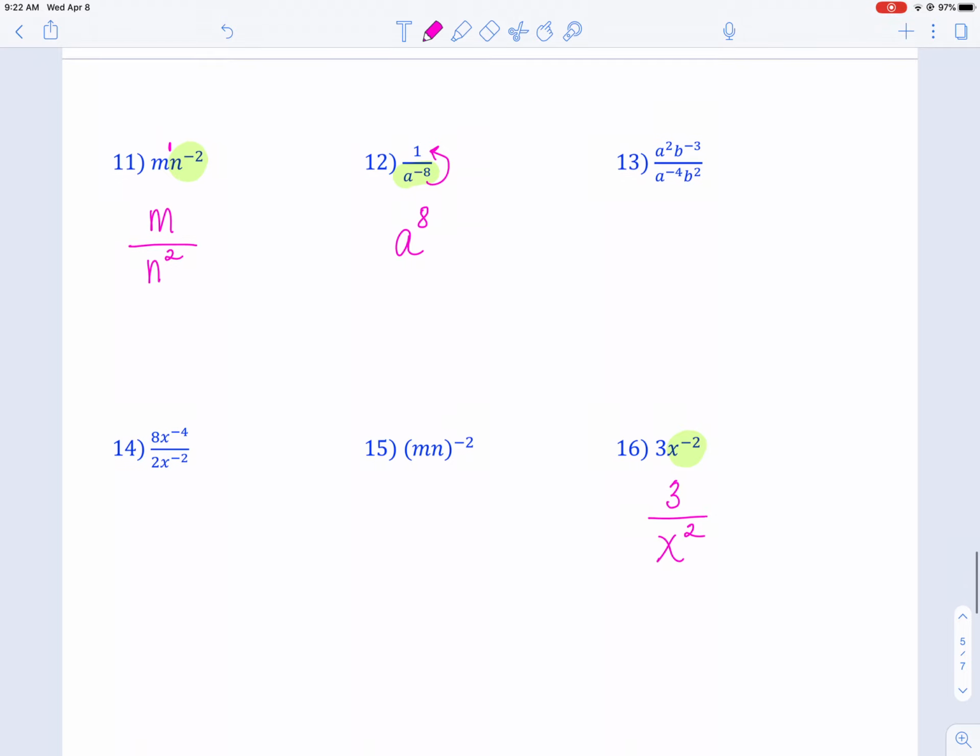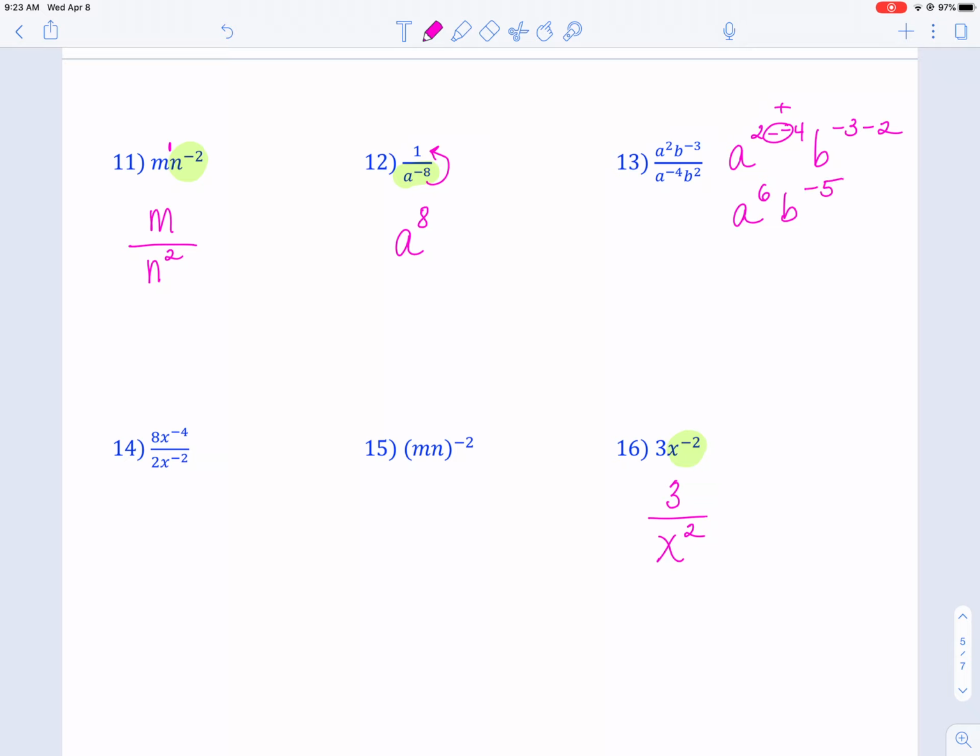Even like number 13, you could do your quotient rule. You could either do, okay, let me see, a to the 2 minus negative 4 and b to the negative 3 minus 2 power. So be careful. This becomes addition, a to the 6th power. B, when you have negative 3 minus 2, becomes negative 5th power.